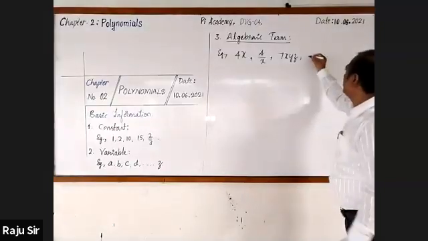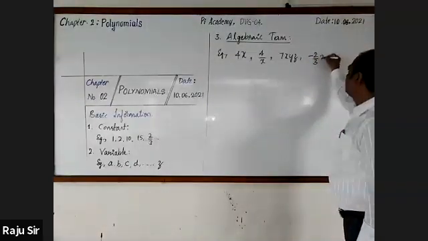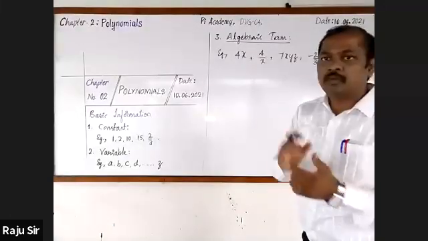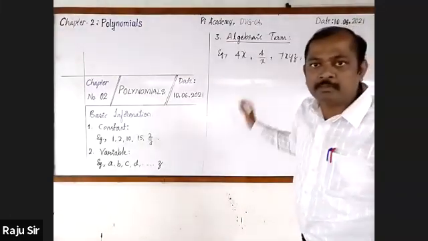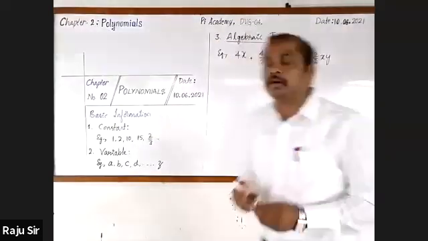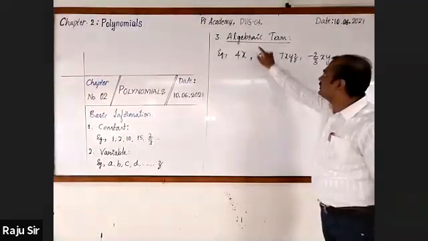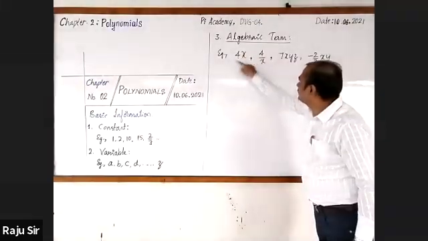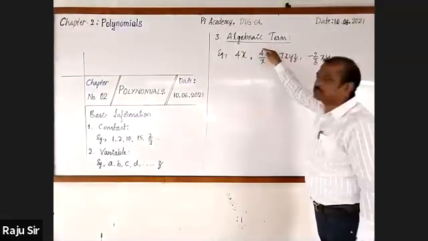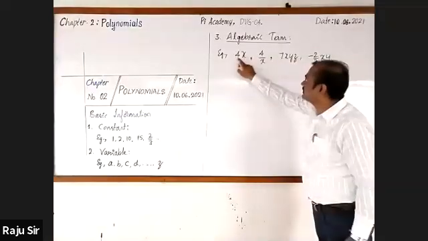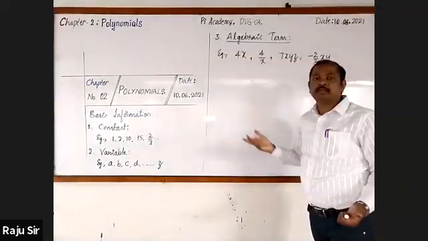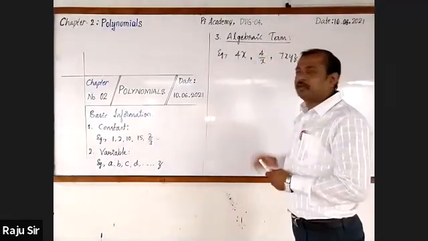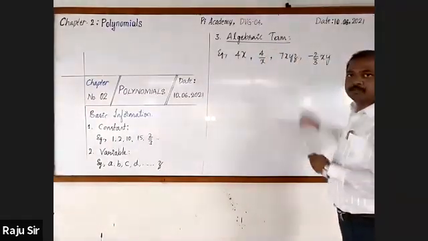Next, minus 2 by 3 xy or ab, mn, whatever variables can be taken. Once I repeat the definition, just listen carefully. The product or quotient of a constant and variable is known as an algebraic term. So these are a few examples.